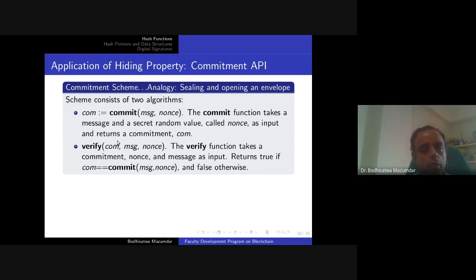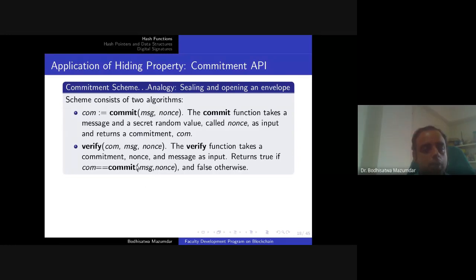The verify function takes in a commitment, that is the envelope, the nonce, that is, it tries to deglue that envelope, and the message as input. It returns true if the message given to it was indeed there in the envelope.